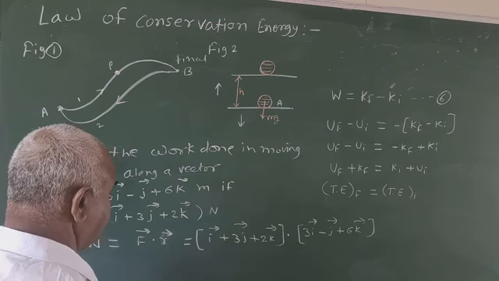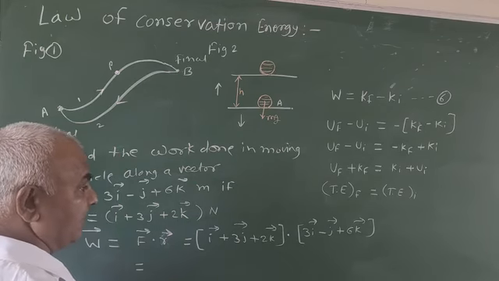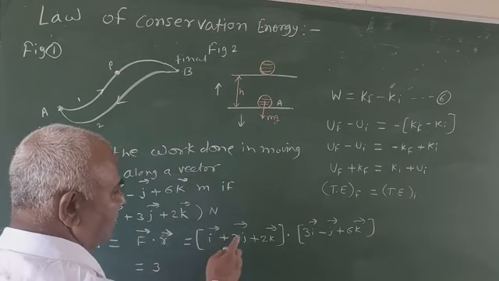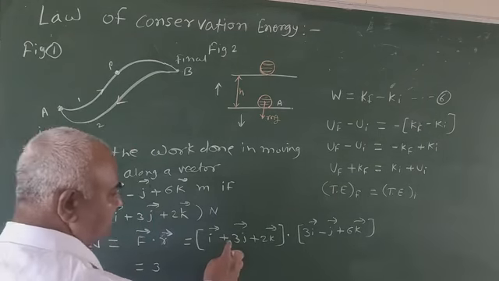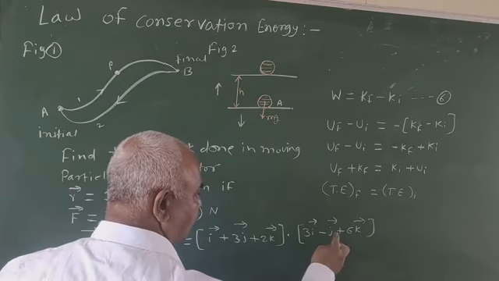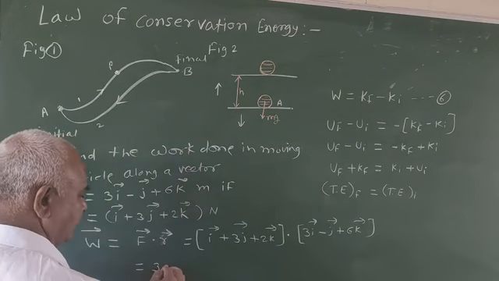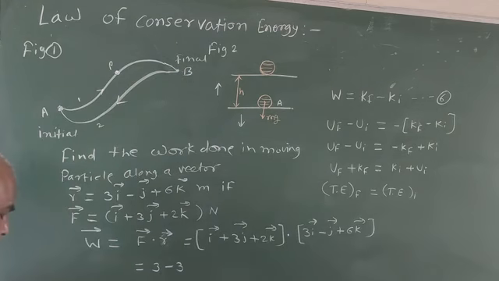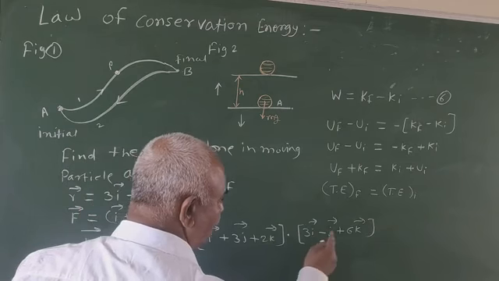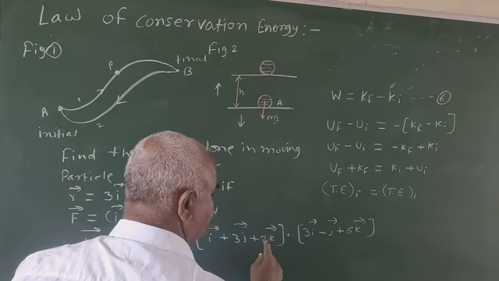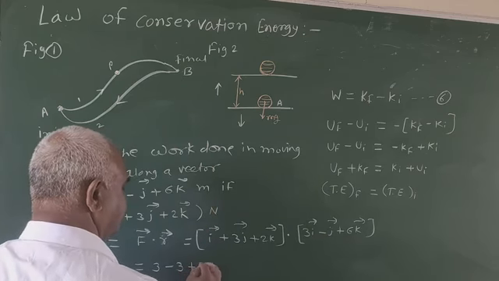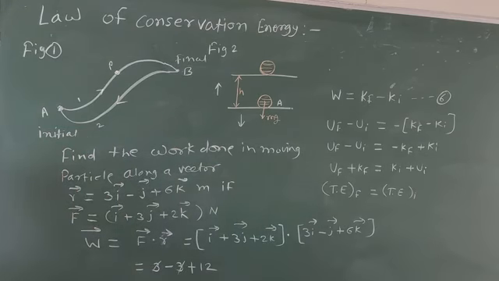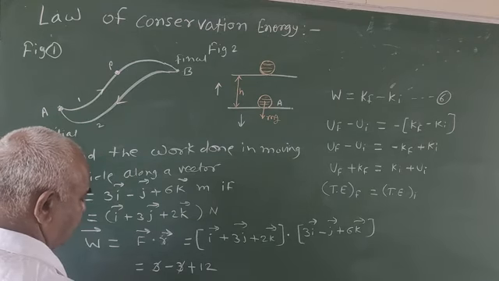And using this dot product, which is also known as the scalar product, i bar dot i bar with 3, that is 3. Remaining two terms are 0. Plus 3j bar dot with minus j bar, that means minus 3. Then 2k bar dot k bar is 1, 2 into 6, plus 12. The 3 gets cancelled and the final answer is 12.